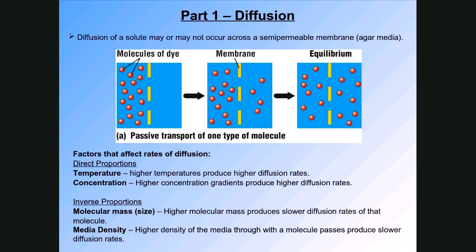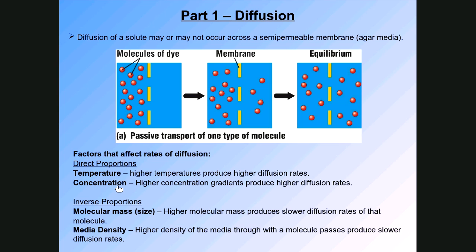Now, there are factors that can affect the rate of diffusion, and that's what this is talking about down here. Factors that can affect the rates of diffusion. Well, it says direct proportions. In other words, temperature. As you increase the temperature, it actually increases the rate of diffusion of solutes. So they're proportional to each other. Increase temperature, you increase the diffusion rate of a solute from a high to a low concentration.